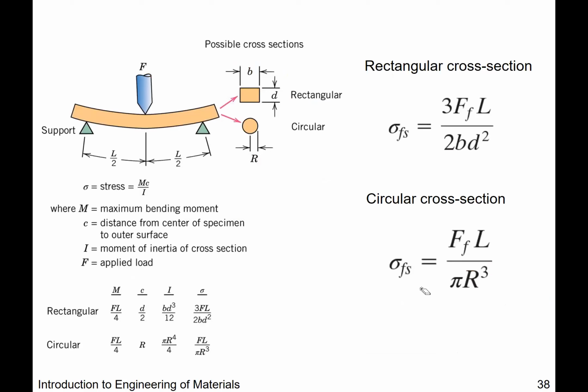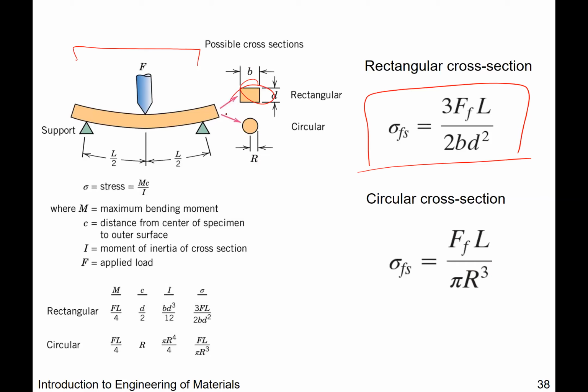Okay, and so we can compute that by just looking at the dimensions and the moments of inertia. If we look at the stress, it's just the maximum bending moment divided by the moment of inertia of the cross-section. For a rectangular cross-section, we get this relationship where it's 3 times the applied load, F, big F, times L, the original length of this specimen, divided by 2 times B times D squared.